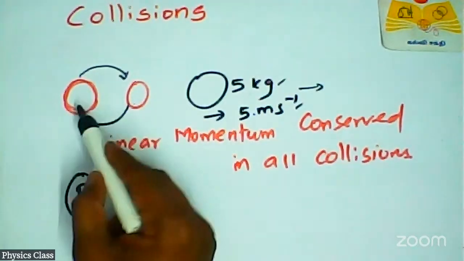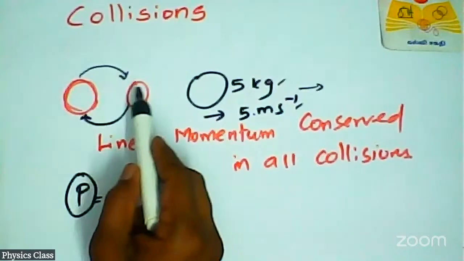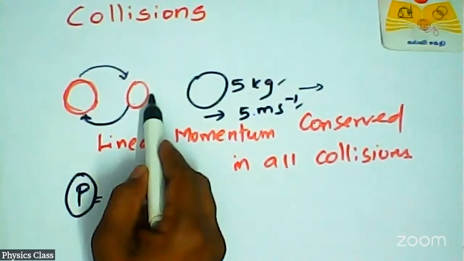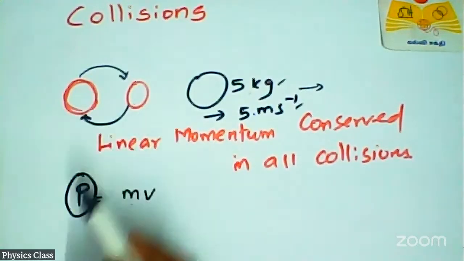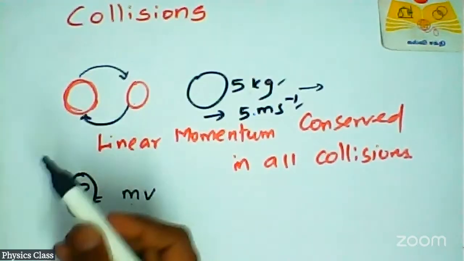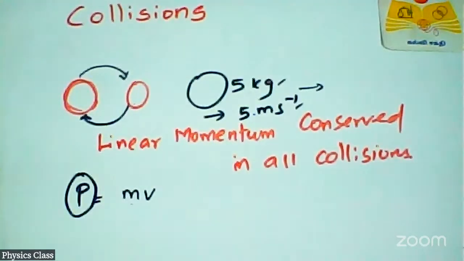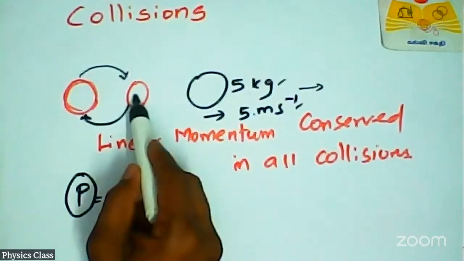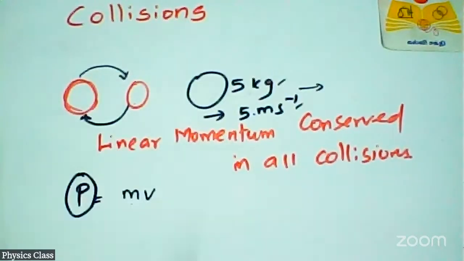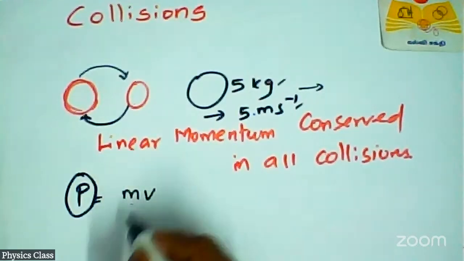The first body exerts a force on the second body, and the second exerts a force on the first body. So this causes a change in momentum of each object. Momentum means m into v.